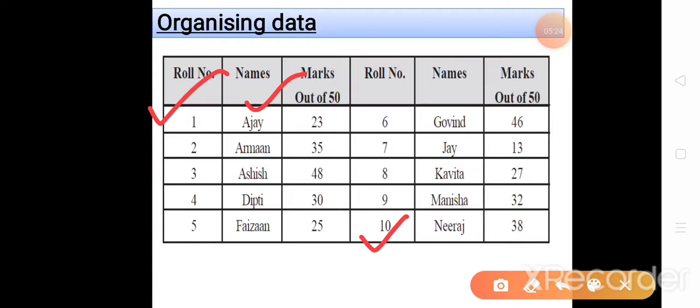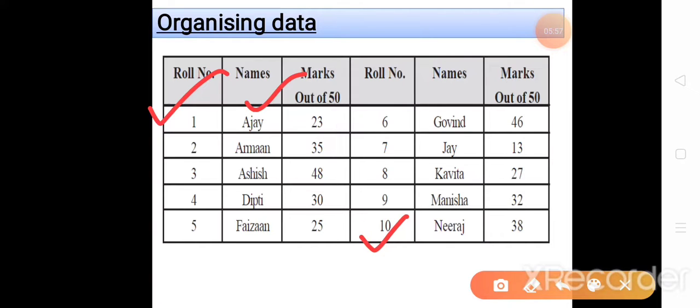So, if we observe this table very carefully, then the only information that we are getting from it is the individual marks of these students arranged roll number wise, right? Can you tell me any other information other than this? Well, there can be a lot more information, but we need to get deeper into this table, right?